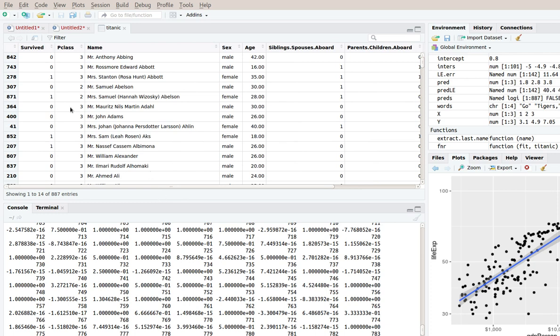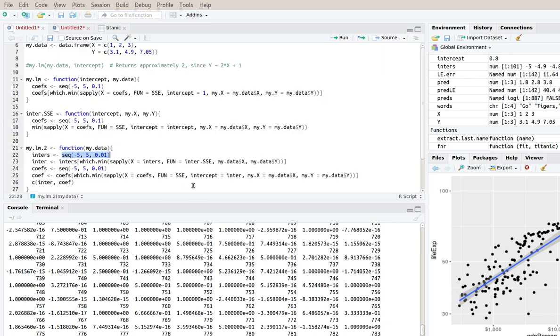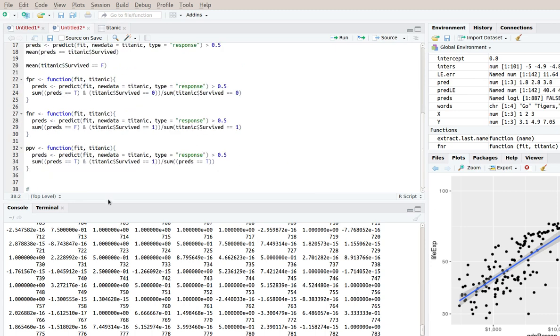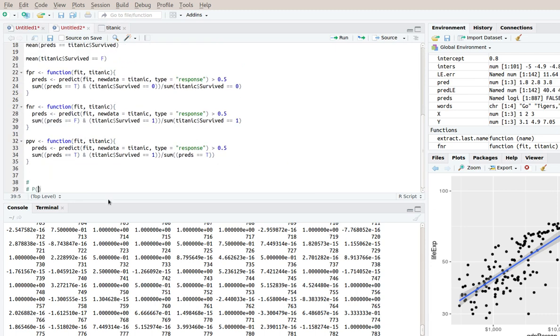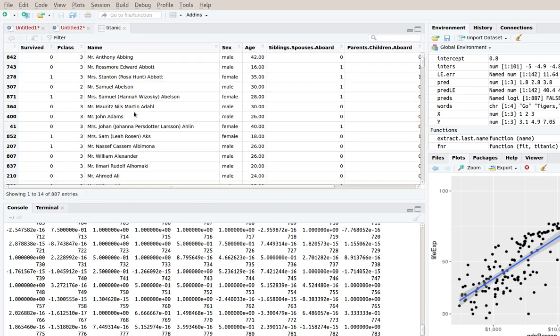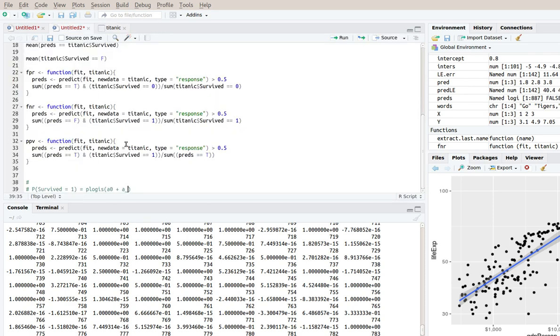So when we're writing the model, we can say P of survived equals 1 is equal to plogis of some A0, which we'll figure out, plus A Abing times I Abing. And I Abing is going to be 1 only if the person's name is Abing.